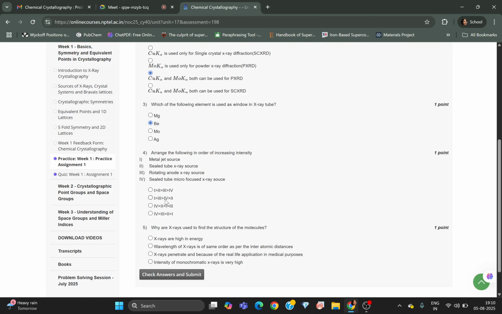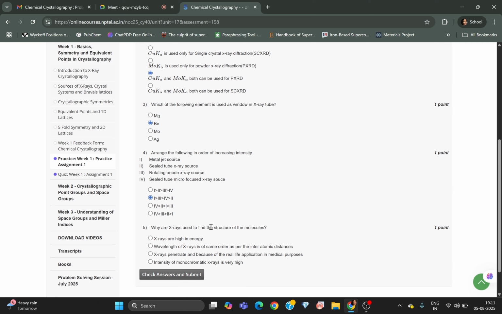Okay, 3 is the highest one. Okay, I have to check once more about the intensity. For now, we can give it as 1, then 3, then 4, then 2.